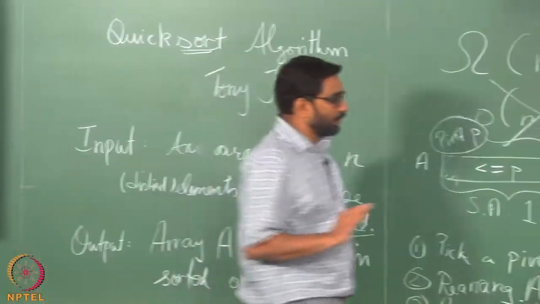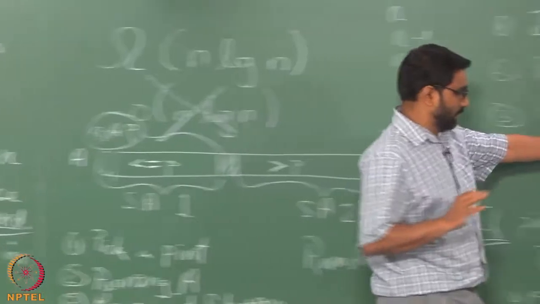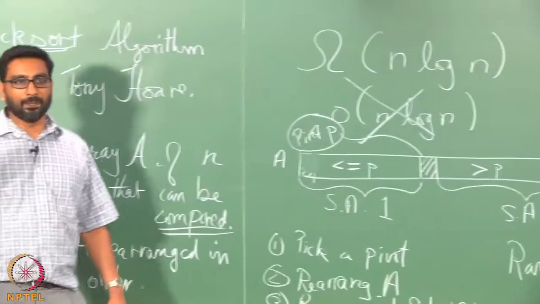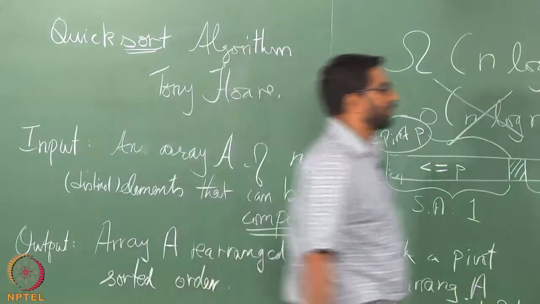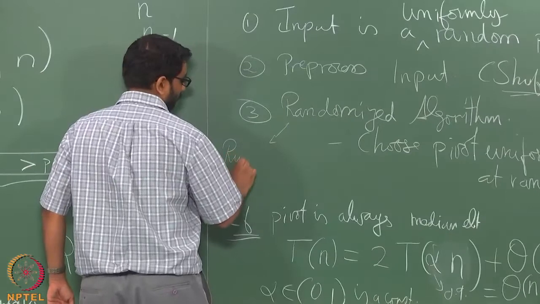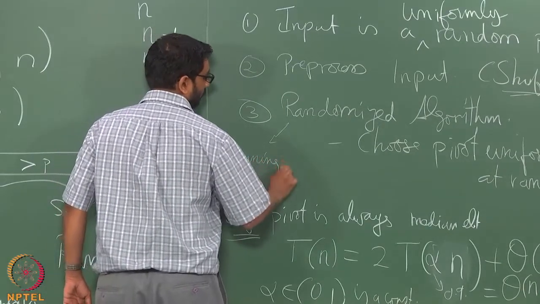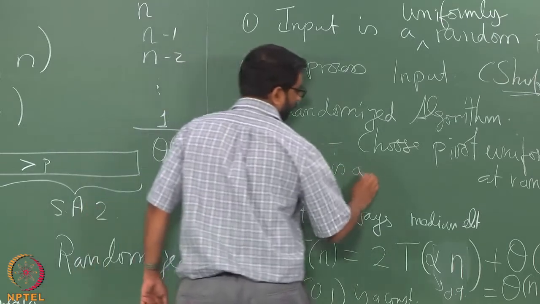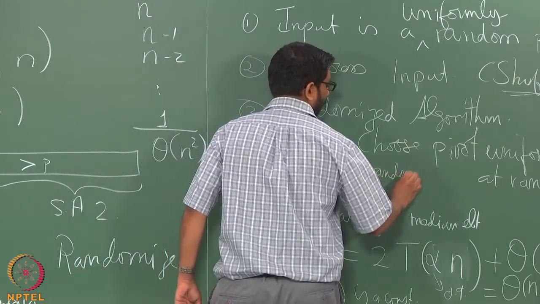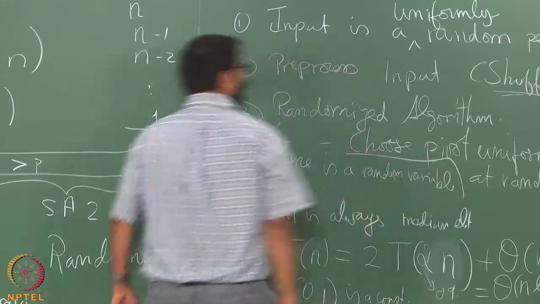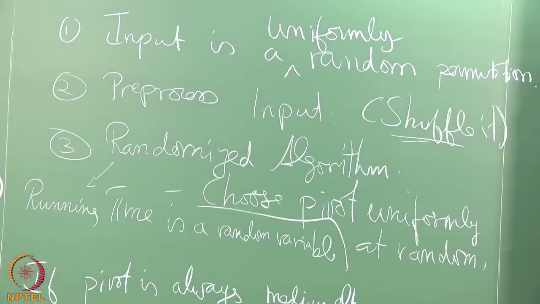But keep in mind that when you randomize the algorithm, the running time is no longer a deterministic quantity. The running time is a random variable, and that's something to keep in mind.